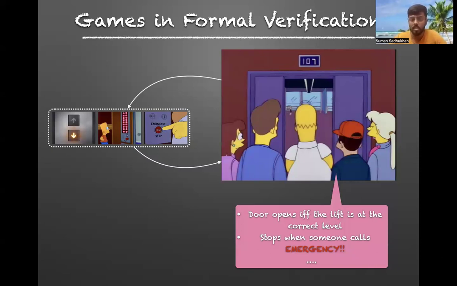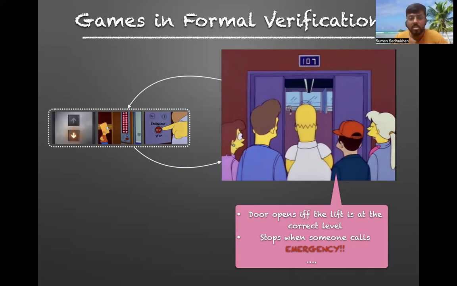For example, for an elevator, users press buttons from outside, and we are asked to verify that the door opens only if the lift has reached the correct level, or if we press the emergency button, then the elevator should stop, like this.